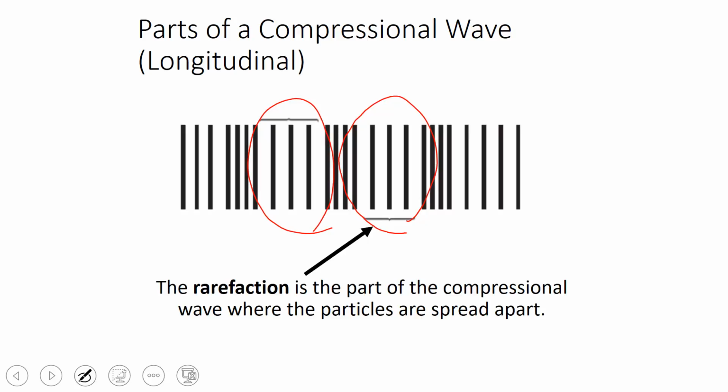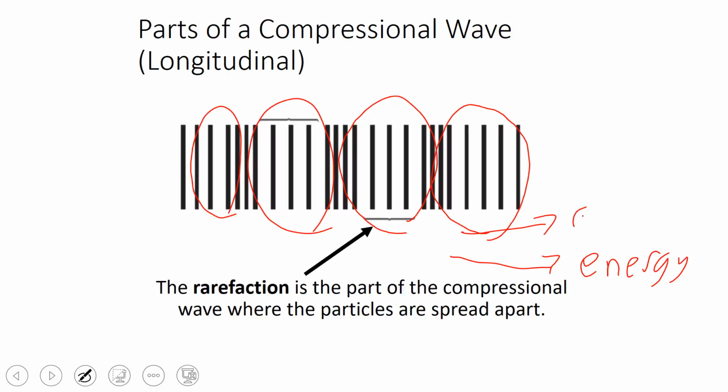You can see some rarefaction here, and additional examples here, where matter is spread out from where it used to be. Again, in a longitudinal wave, energy is moving in this direction, and displacement is happening in that direction.